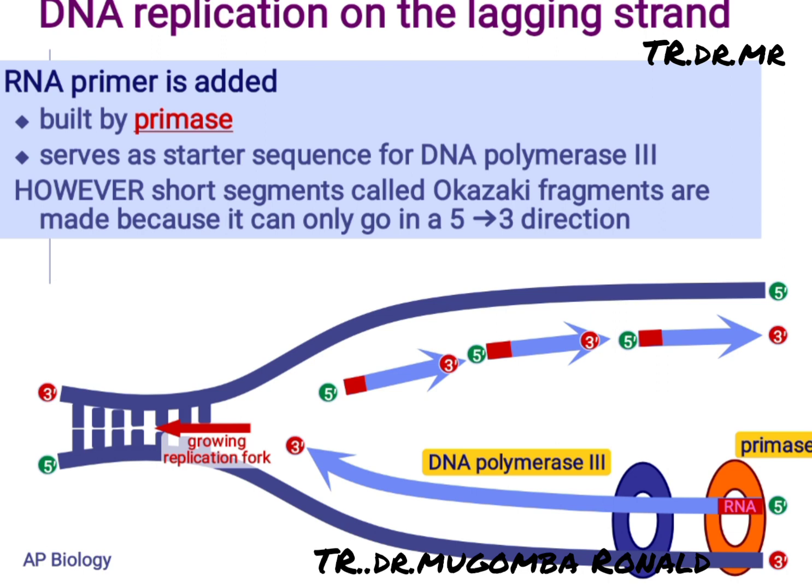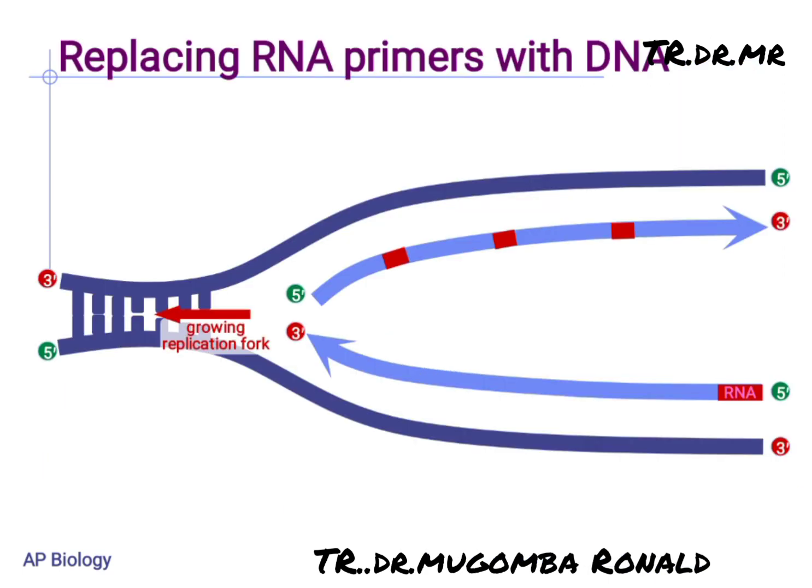Otherwise, if it could form a DNA strand in the 3' to 5' direction, we wouldn't form Okazaki fragments. So because DNA polymerase can only synthesize in the 5' to 3' direction, we end up with Okazaki fragments.